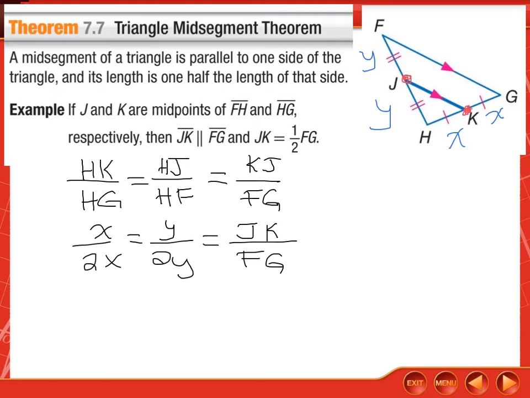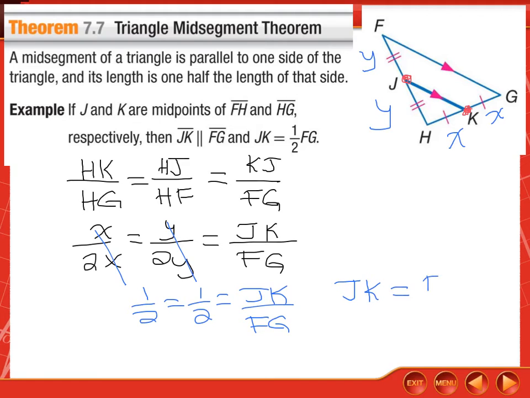Well, our X's and Y's are going to reduce out, so we have 1/2 equals 1/2 equals JK over FG. So we can solve for JK, and we can see easily by cross-multiplying that JK is 1/2 the length of FG.